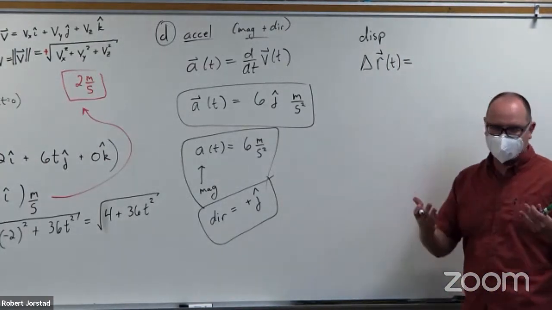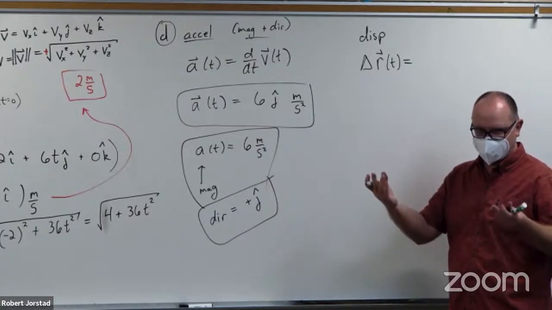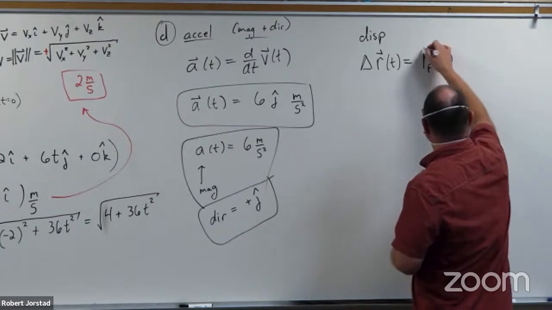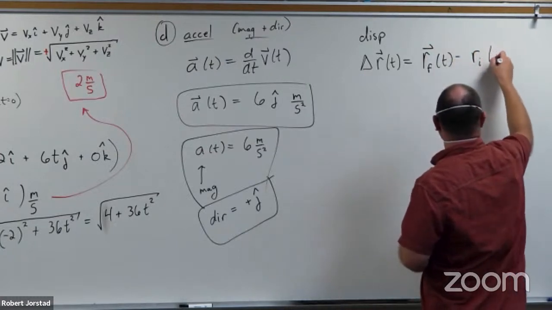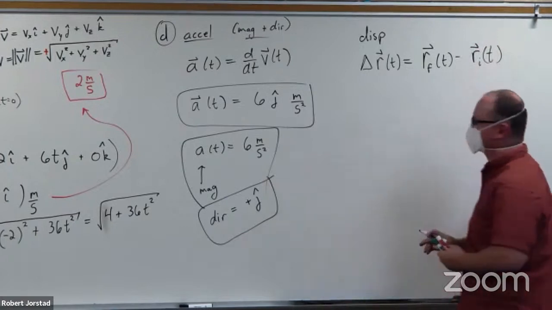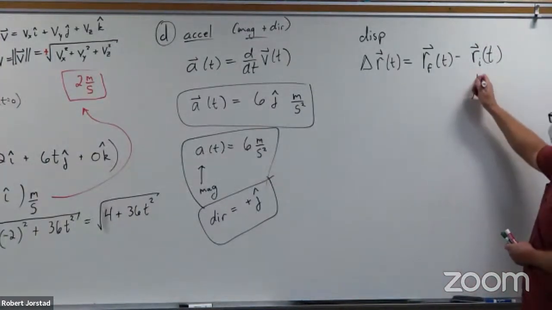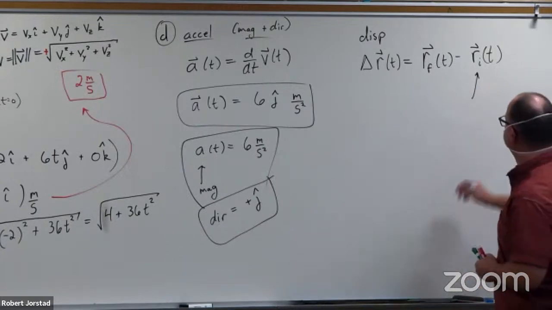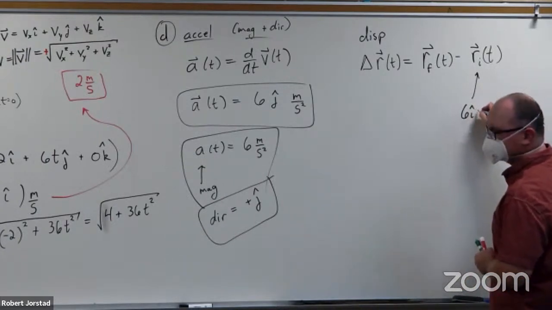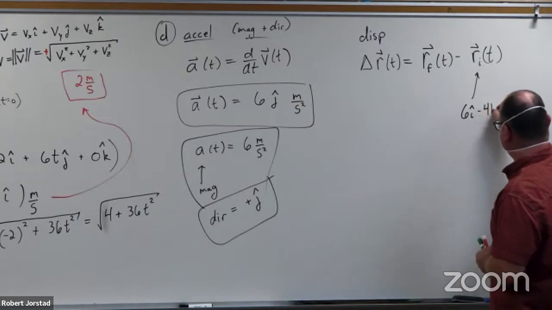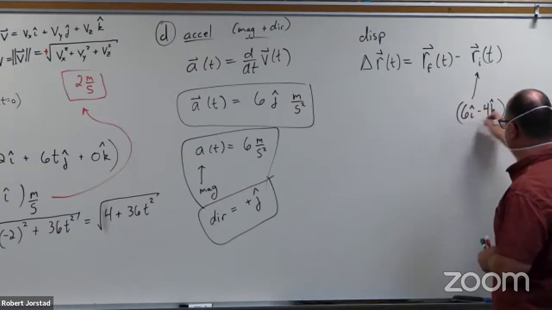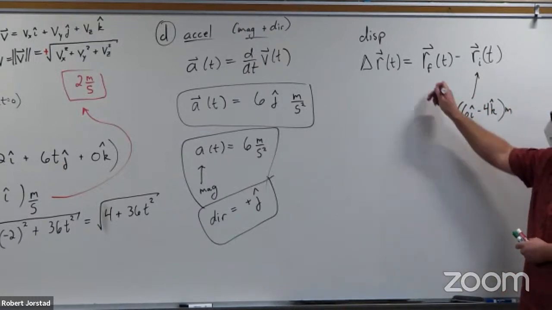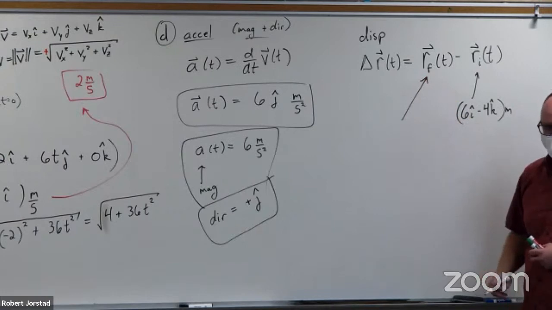In general, displacement is final minus initial, right? Do you agree? We know this. This was 6 in the I hat minus 4 in the K hat meters, right? And this is just our crazy function.